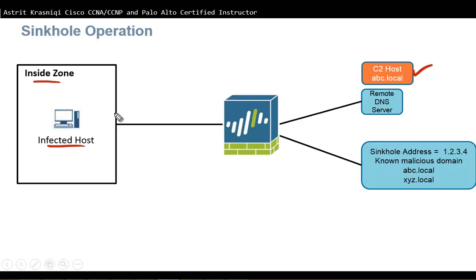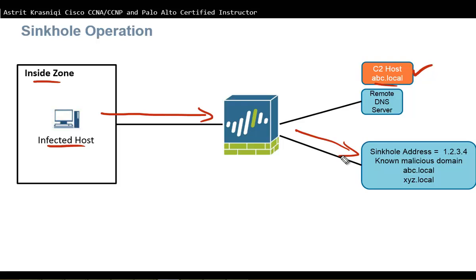It's going to do a DNS lookup for that domain name to an IP address. Our firewall will be able to resolve that, but before it does, it will check with the DNS signature database to make sure that whatever that infected host is trying to resolve, it's not a malicious domain. So we'll check it first with our database.